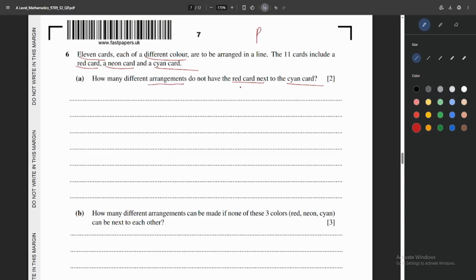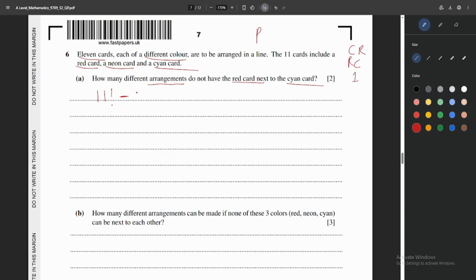So we do not want them next to each other. So first we find all possibilities, so 11 factorial, and then we subtract out the cases when they are together. So when are those cases? Let's group them together: red and cyan as one group, and it can also be CR, so two possibilities.